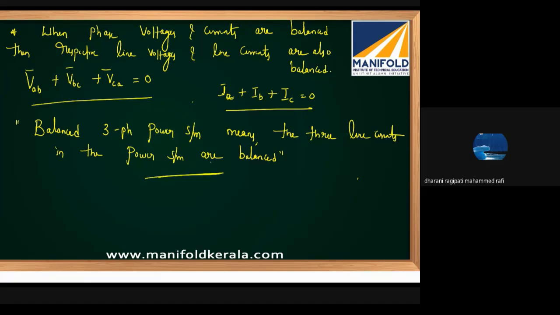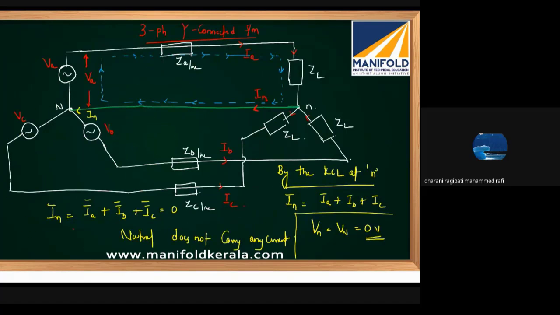Understand? If you look here, for the currents to be balanced, the induced voltages should be balanced. The impedances per phase should be balanced. The load impedances should be balanced. Okay. So if there is any discrepancy in this, suppose everything is okay, but the transmission impedances are different, then again the currents will become unbalanced.